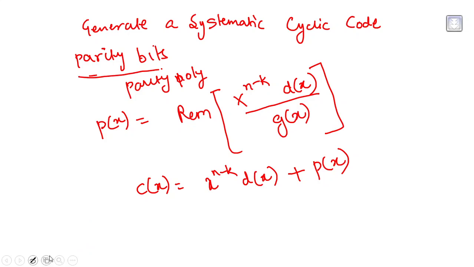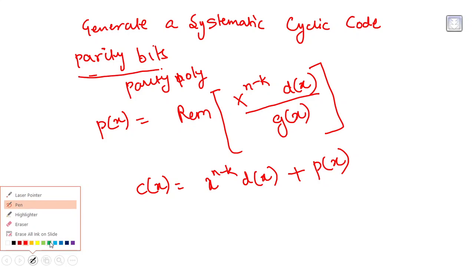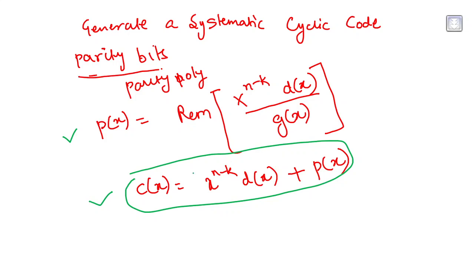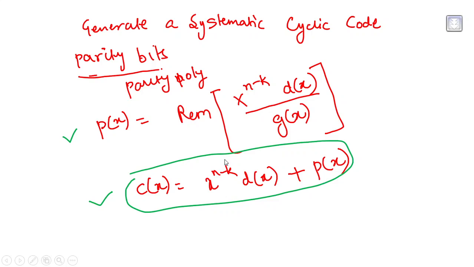You have to remember these two things. First is how to calculate the parity polynomial, and then how to calculate the systematic cyclic code word.